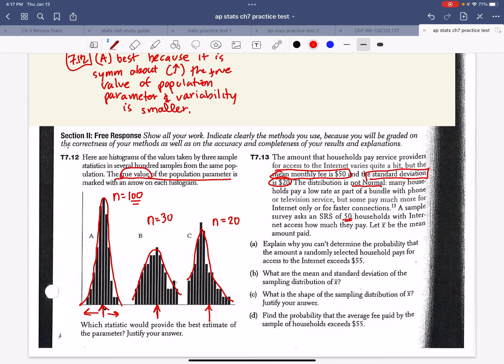So it says, even though the distribution is not normal, many of the households pay a low rate as part of a bundle with a phone or television, but some pay much more for internet only or for a faster connection. A sample survey of an SRS of 50 households with internet, how much they pay. Let x-bar be the mean amount paid.